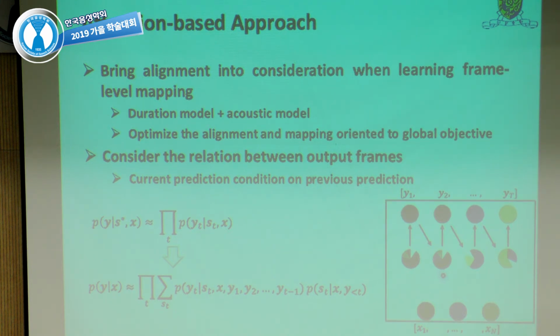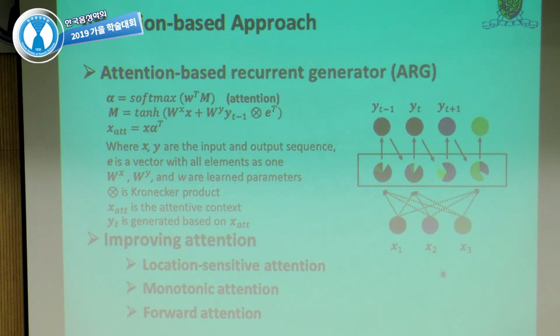So this part, the backbone of this model is the attention. I may not have time to talk very much about attention, but in this equation, we are trying to project the input features into a hidden space, and also project the output acoustic feature into a hidden space.